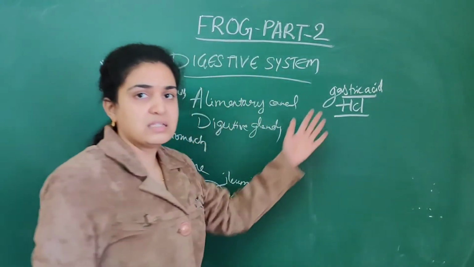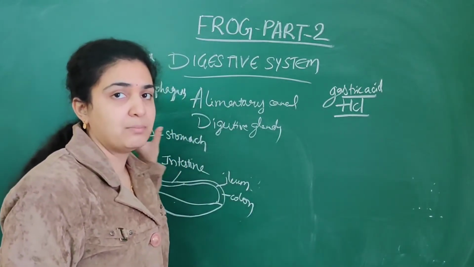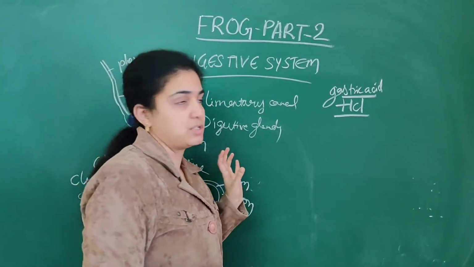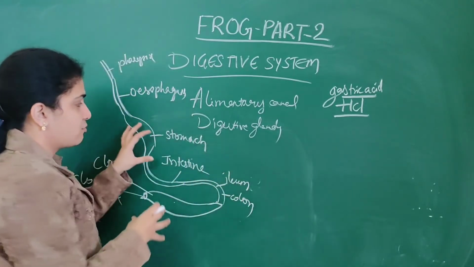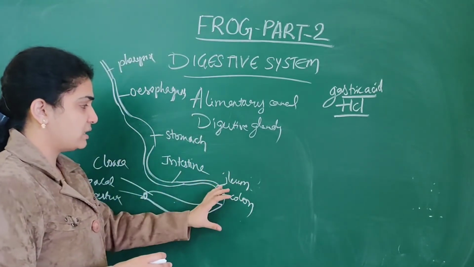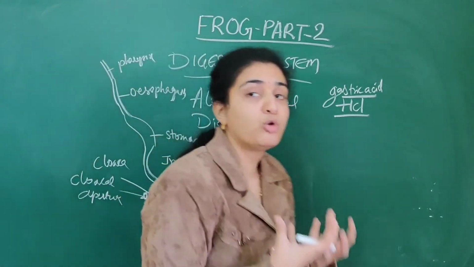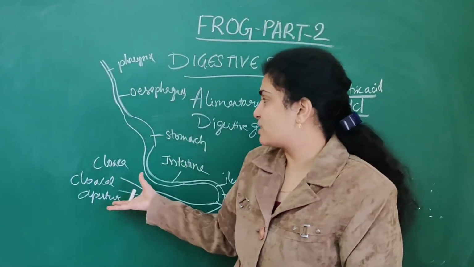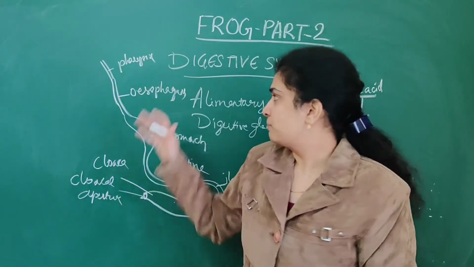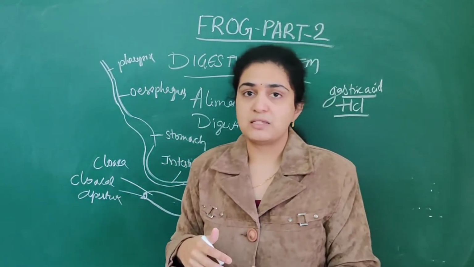These two are the digestive secretions which play an important role in the frog's digestive system. From the stomach it enters the intestine, ileum, colon, and finally passes out through the cloaca, through the cloacal aperture. So like this digestion takes place.